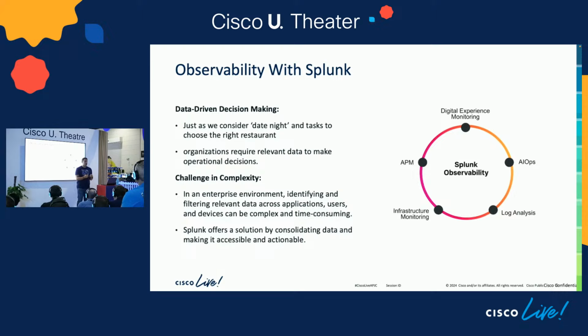And this is where Splunk comes into play. It allows you to make data-driven decisions. Just as we consider data points to choose the restaurant for date night, it allows you to organize the data required to make operational decisions.